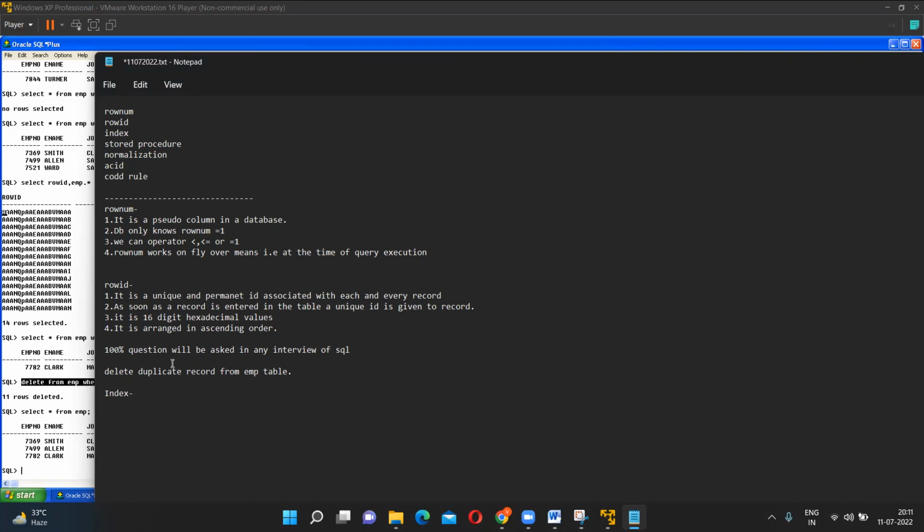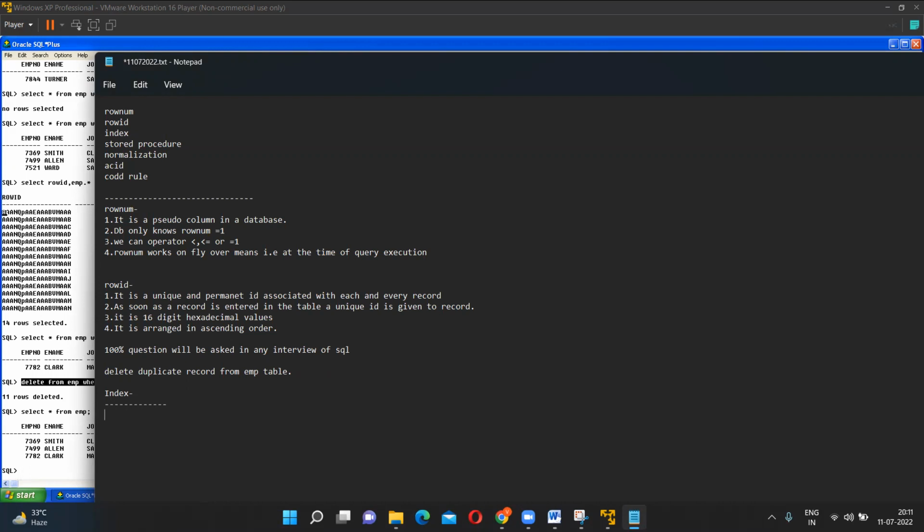Kirti, have you ever heard about an index? It contains keys.